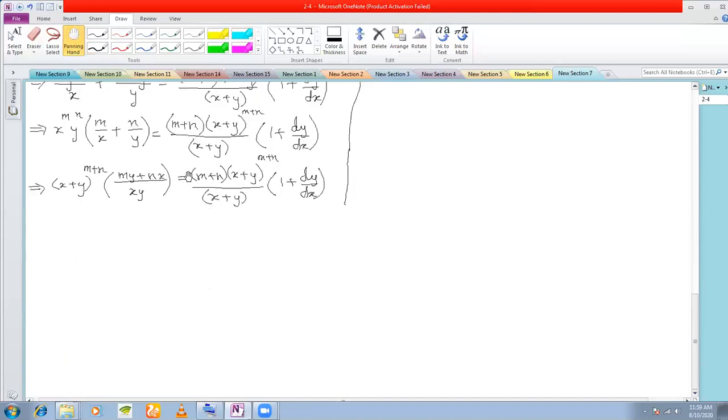Next step, you take everything to one side, or what you can do is you can divide. So you get 1 plus dy dx is equal to x plus y to the power of m plus n, my plus nx divided by xy.